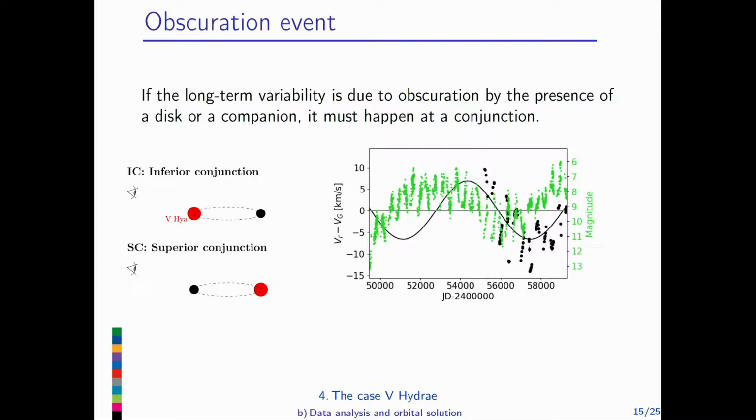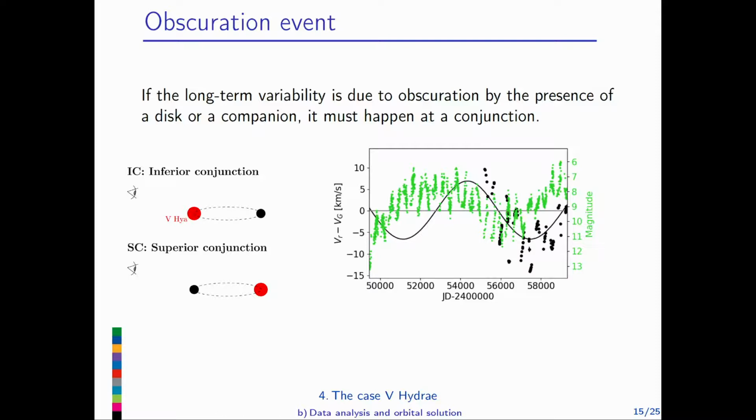And on an orbital motion, it corresponds to what is called a conjunction. So a conjunction is a specific moment on an orbit when the two stars are aligned for the observer. So that means that you have the two situations that are drawn here. We can have the inferior conjunction, when V Hydrae, the primary, is in front of its companion, and goes from coming near the observer, and then goes away from the observer.